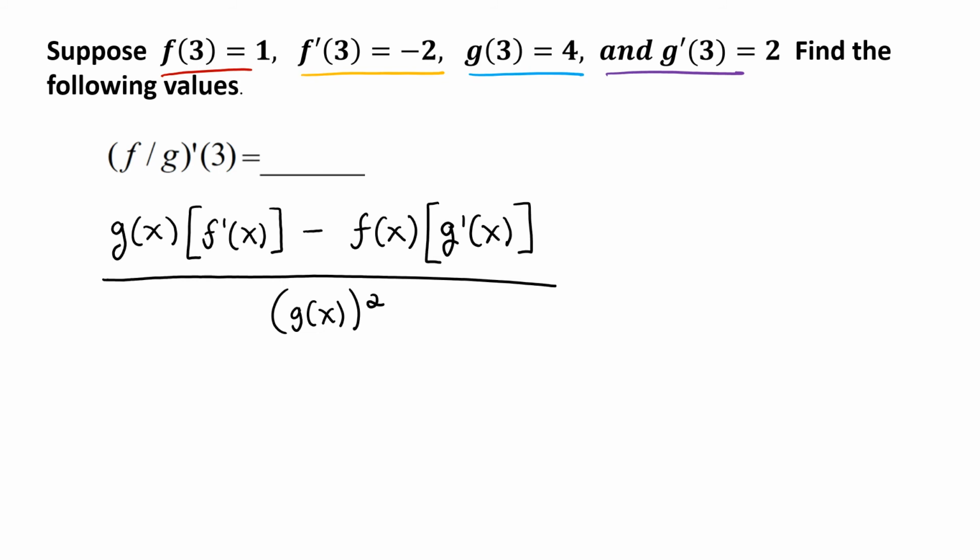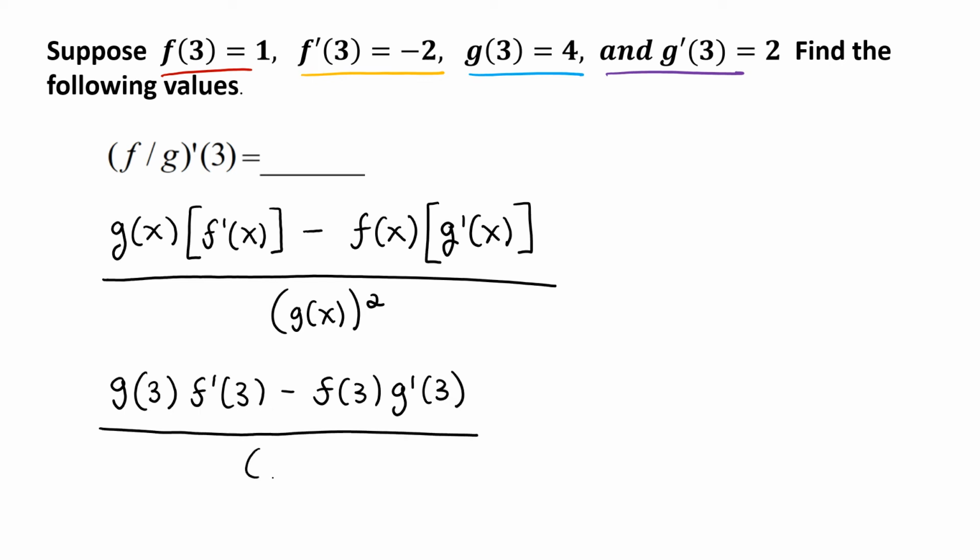And then we want to find this value at 3, so that'll be g of 3 times f prime of 3 minus f of 3 times g prime of 3 all over g of 3 all squared.